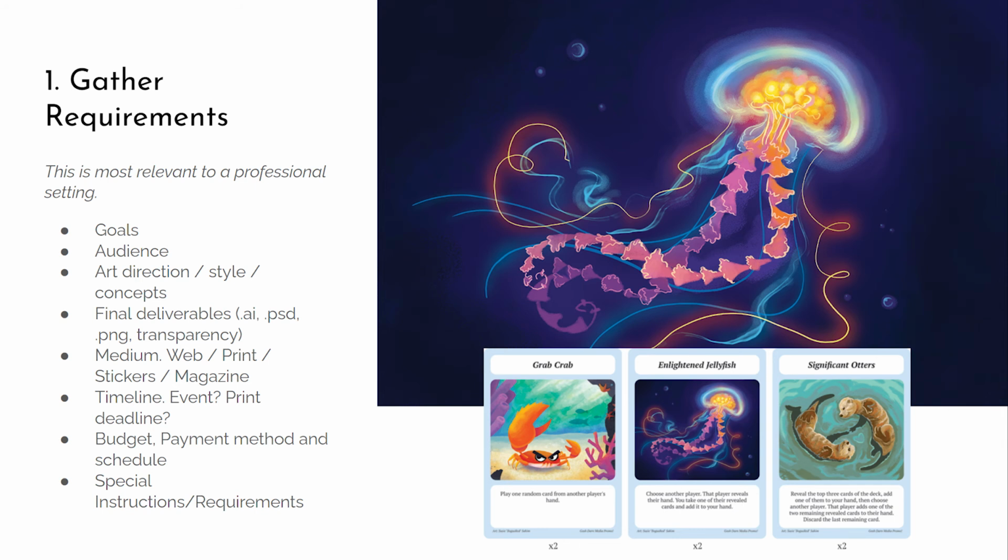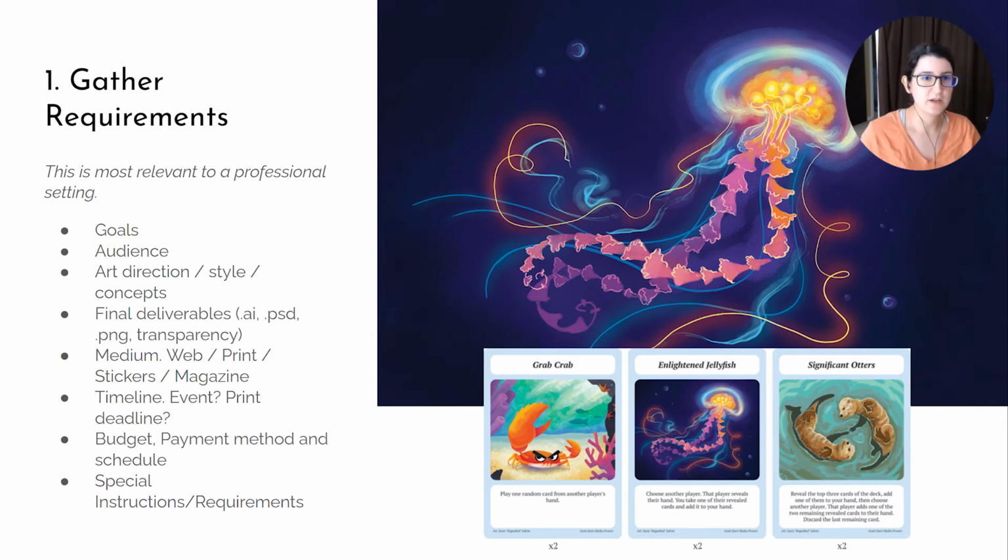What size does it need to be seen at? What are the goals for the project? What audience is this project for? What are the final deliverables that the client wants? What's the timeline? And especially if this timeline is tied to a specific event, if you're going to launch this artwork as part of something that's going to launch at a specific event, you know that deadline cannot be moved.